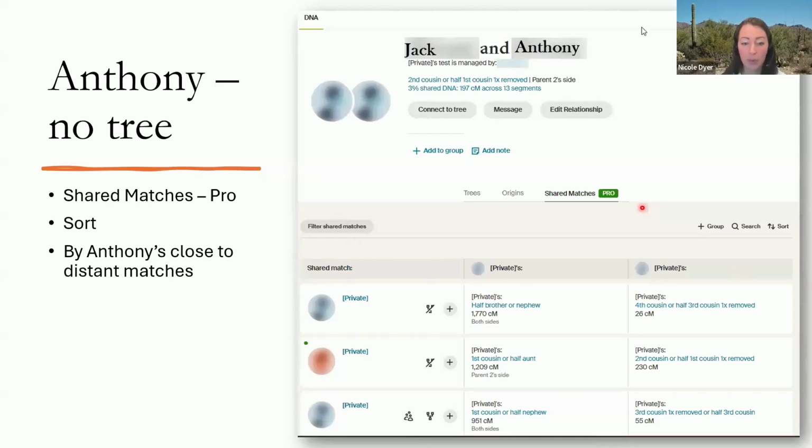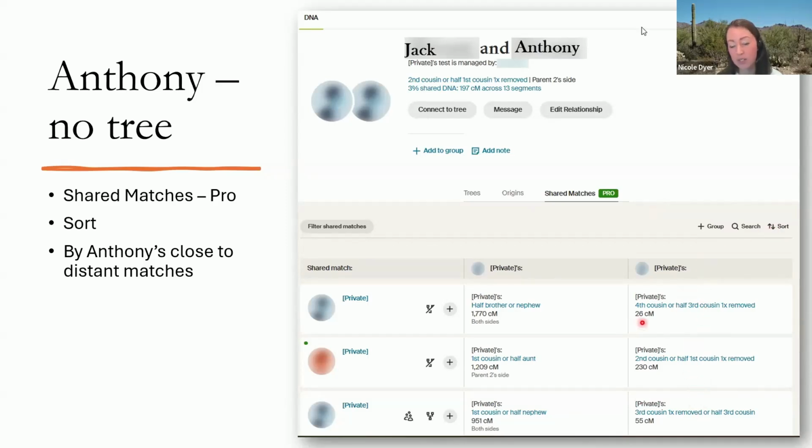With the Pro Tools shared matches, I thought maybe I could see who his closest matches were. By default, this shared matches page is sorted by the test taker's matches, so the shared matches will be in order by the ones that are closest to Jack. But we actually want to sort it by Anthony's closest matches. So going to sort, you can then choose to sort by Anthony's close to distant matches, and then we will have them in order right here.